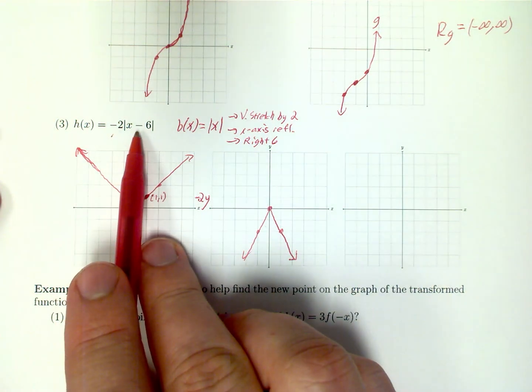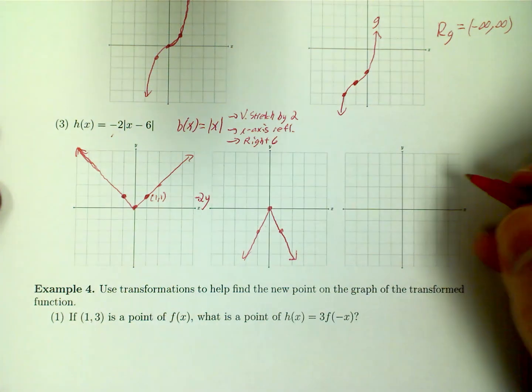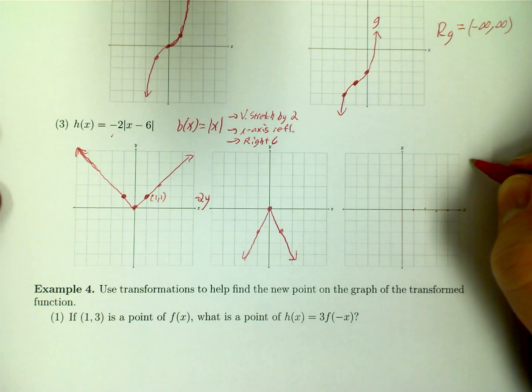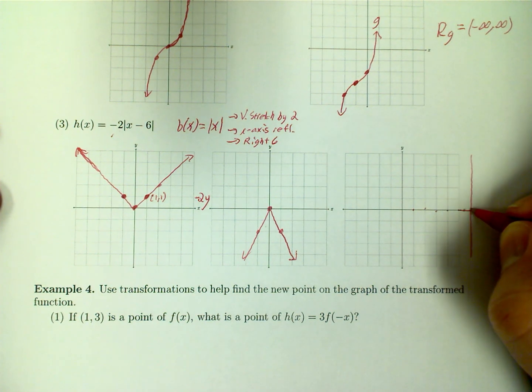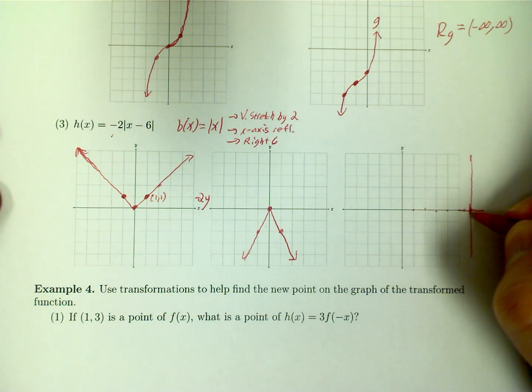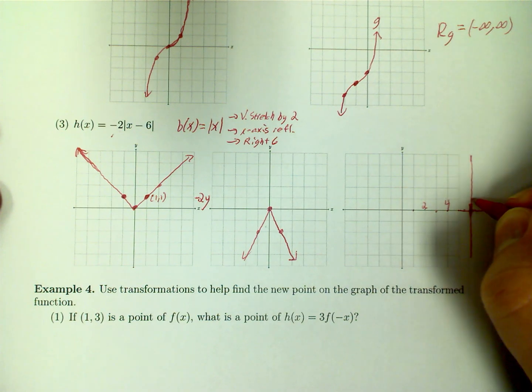And now we still have to go right 6. So we're going to take this and go right 6. 1, 2, 3, 4, 5. Uh-oh, we didn't leave enough space here. 6. So let's label this just to be clear. 2, 4, 6.